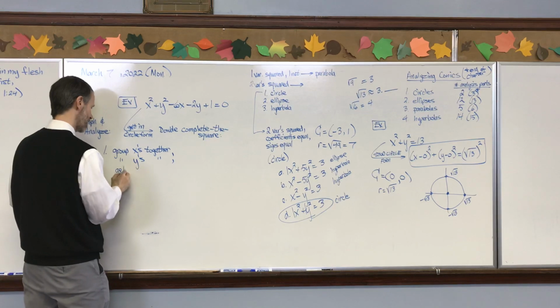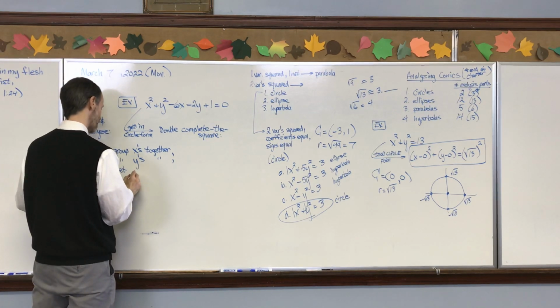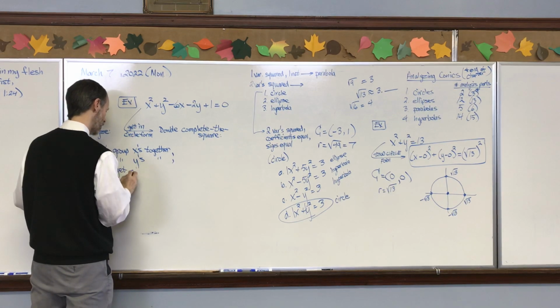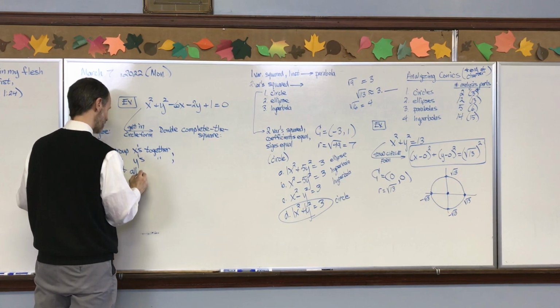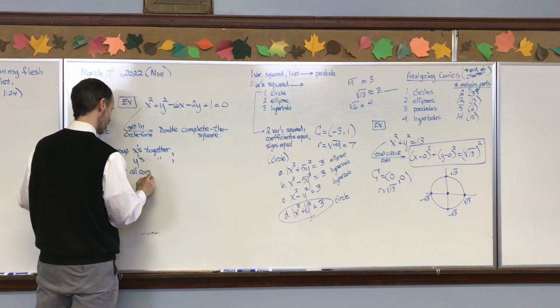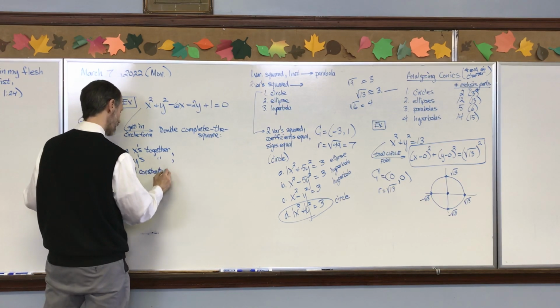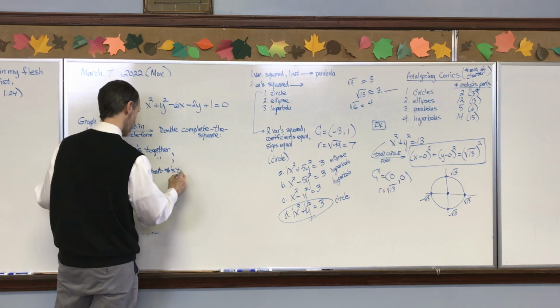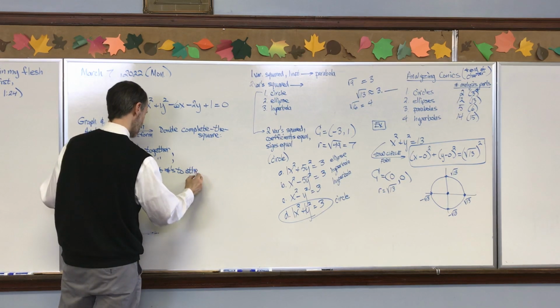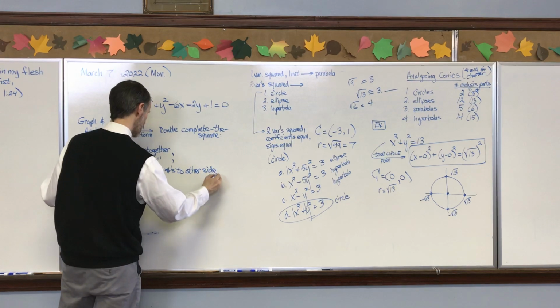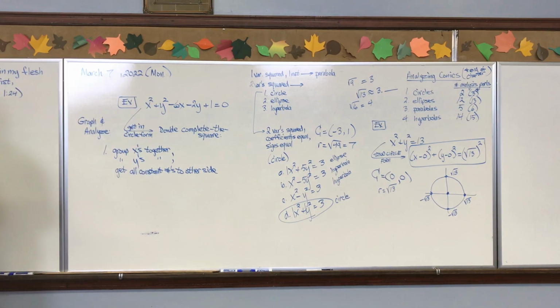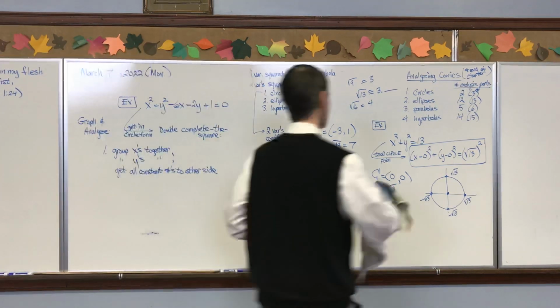And then get all constant numbers to the other side. That's step one. Let me show you what that looks like.